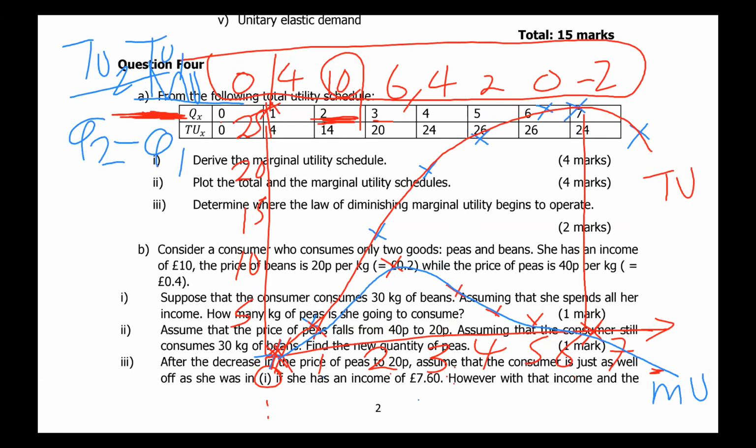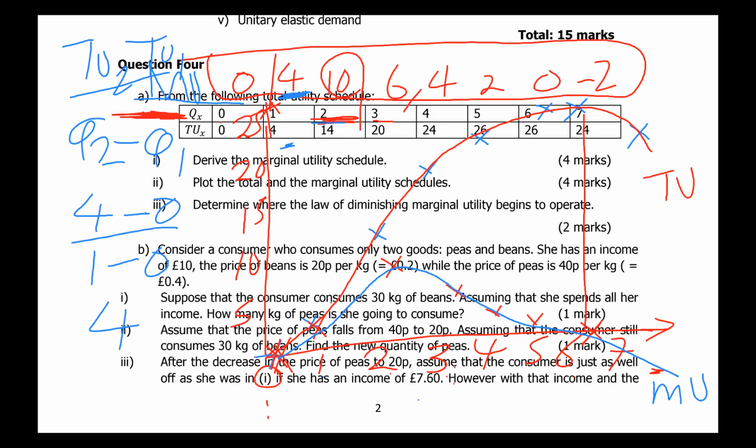Total utility starts from the same place as marginal utility, so they all start at 0. Therefore the higher total utility will be 4. So you say 4 minus the previous utility 0, divided by the difference in quantity, 1 minus 0. That gives us 4. That's how we got this 4 here as the marginal utility for 1 unit.